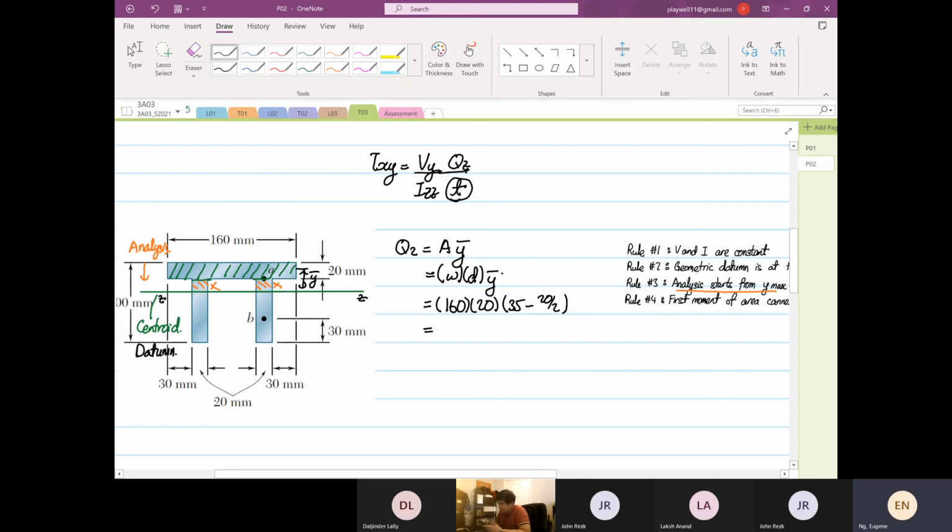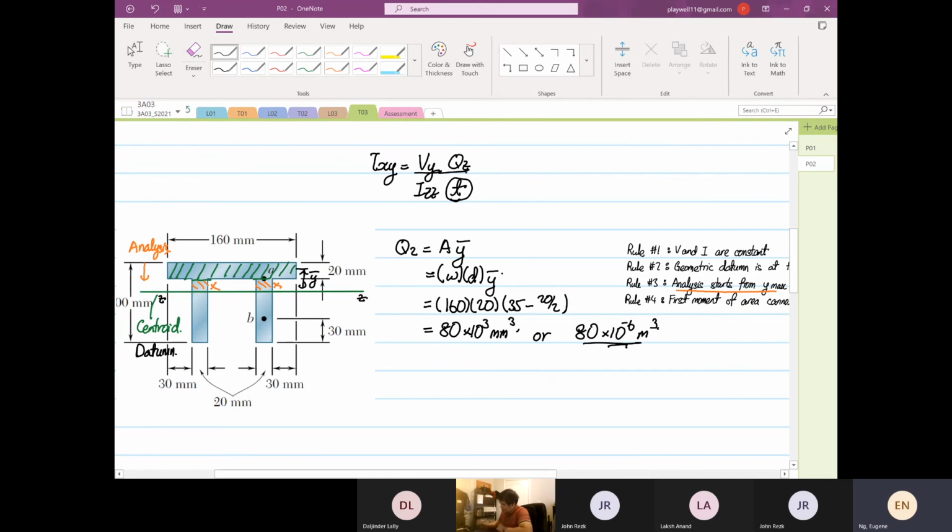Then 160 times 20 times 35 minus 10 is equal to 80 times 10 to the power minus 6 meter cubed. I don't need to press my calculator, I just know this. Done.